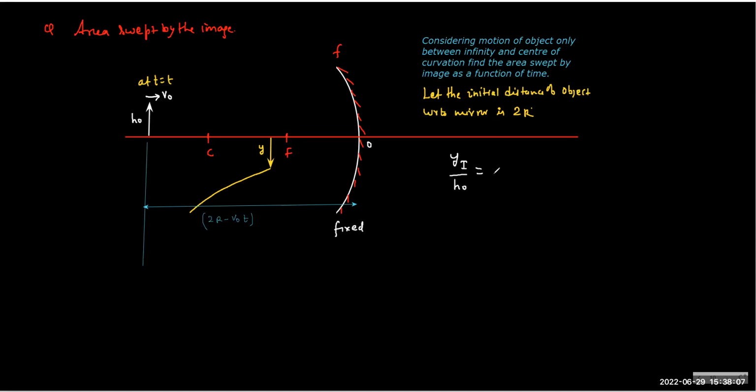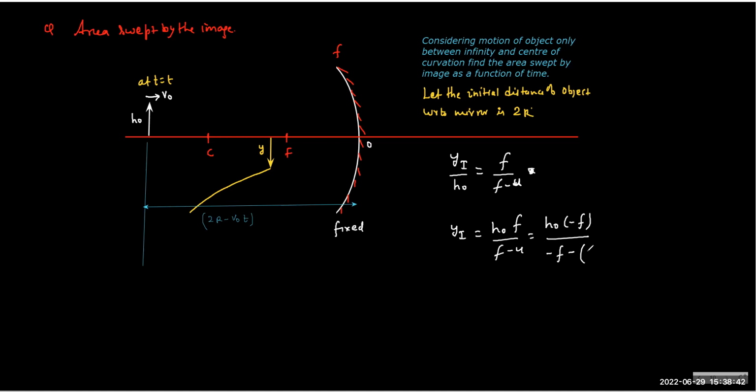We cannot directly, or if you remember, the answer at a distance from the focus, and we just need a height value. h not f upon... h not is constant, f is also constant, but f you can write as minus f, let's say f the value, and u is more than f, so anyway minus f.